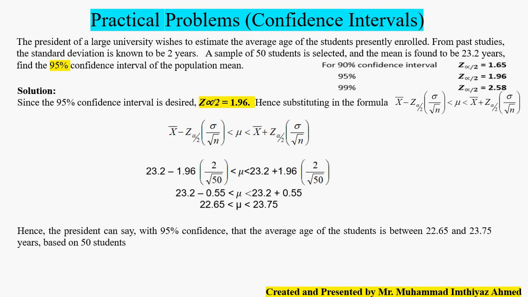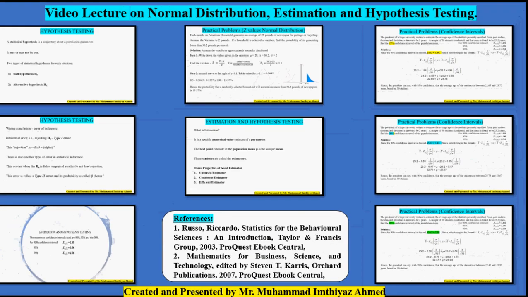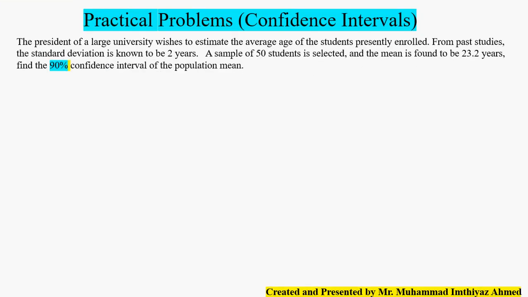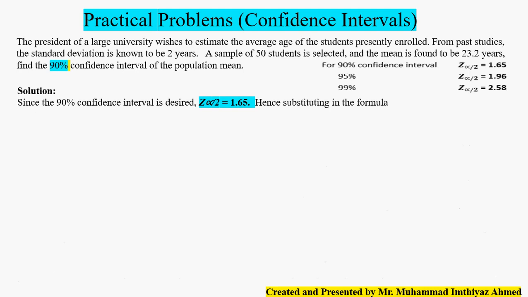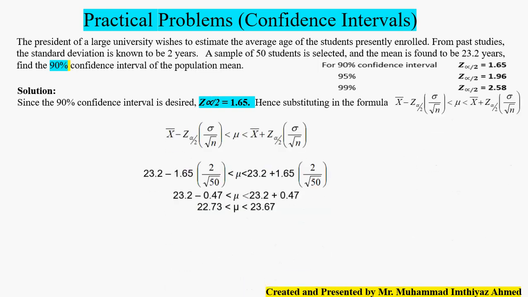So let us solve the same problem with 90% confidence interval of the population mean. When we say 90%, Z alpha by 2 will be 1.65. So by using the same formula, our result here will come to 22.73 and 23.67.